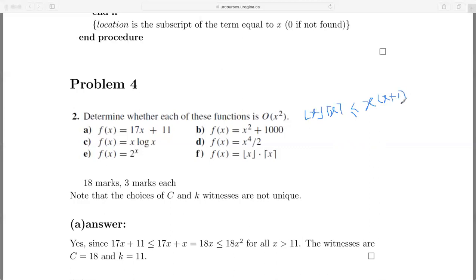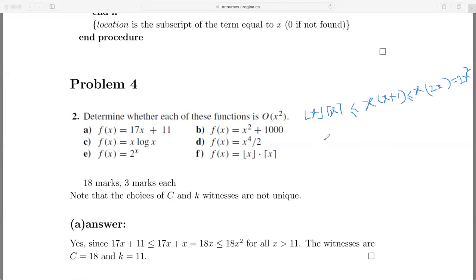So if you bump this one up to the highest term, that's going to be x, and this one is going to be twice x, because if you put x over here instead of 1, it's going to be twice x. So that's less than or equal to twice x squared.